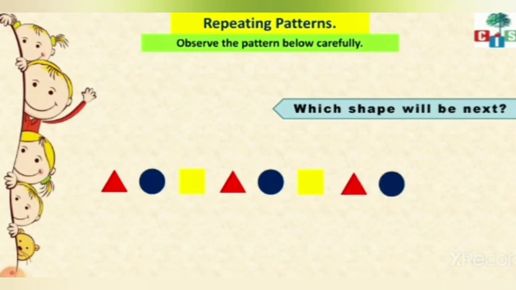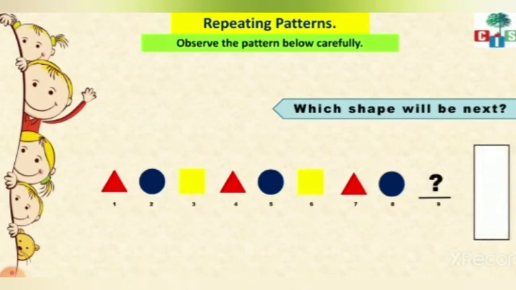Triangle, circle. Can you tell me which shape I have to draw here? Is it a triangle, a circle, or a square? Yes, that's correct. It is a square.